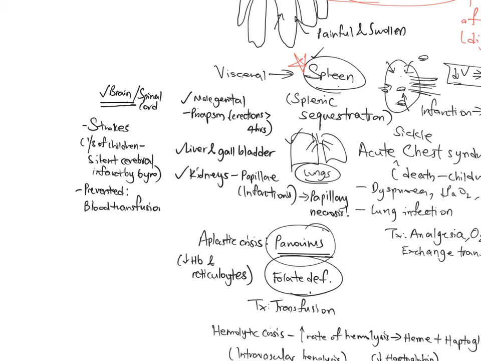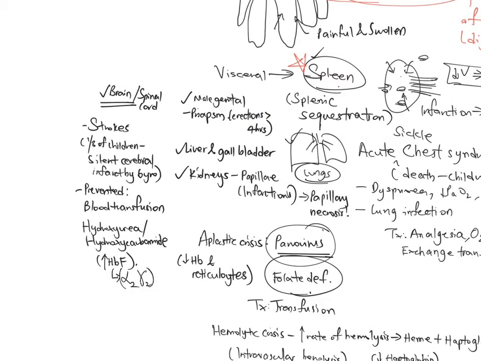And also the use of a particular medication called hydroxyurea, also known as hydroxycarbamide in the United States. What this does is increase hemoglobin F production, and because hemoglobin F comprises two alpha chains as well as two gamma chains, this could help to supplement the decreased oxygen delivery to tissues and reduce the risk of organ ischemia.